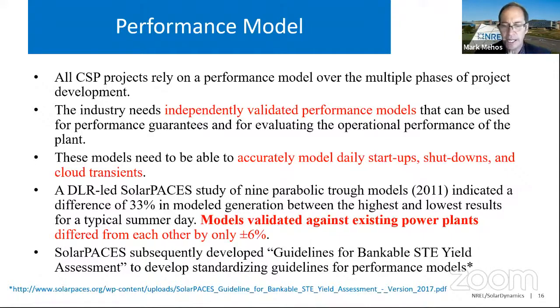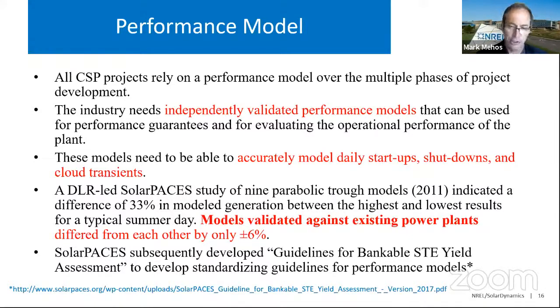So subsequently, and again, it's listed here at the bottom, on the Solar PACES side under task 1, or just go to this link here, Solar PACES DLR used some of that information, but developed a very robust guideline for best practices for yield assessment for both CSP and tower plants.